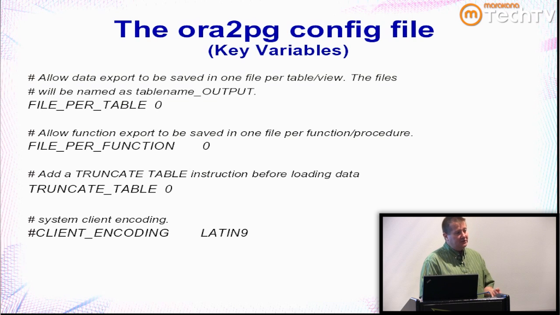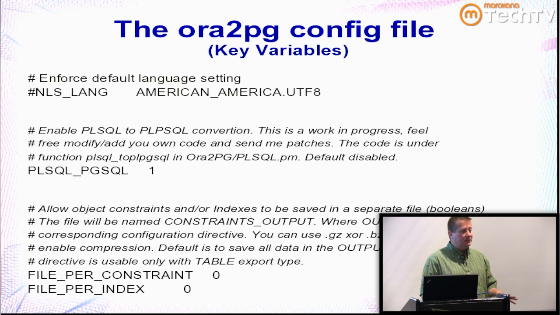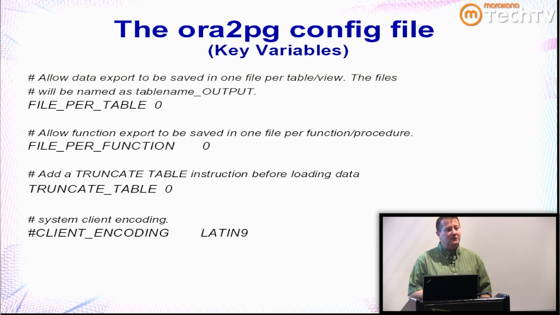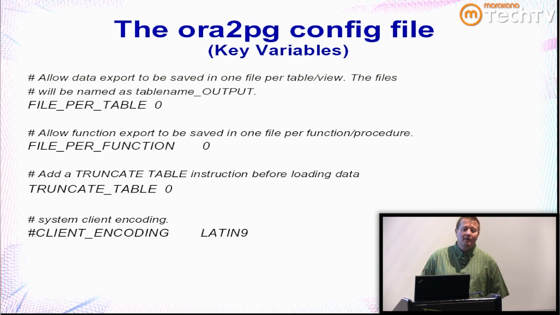So we dumped all the functions into one file and all the tables into a single file, but we dumped our constraints and our indexes into separate files so we could manually control the process: dump the DDL without any indexes or constraints, do a review and apply that, then migrate the data, and then come back after a review and apply all the constraints and indexes. It worked pretty well.